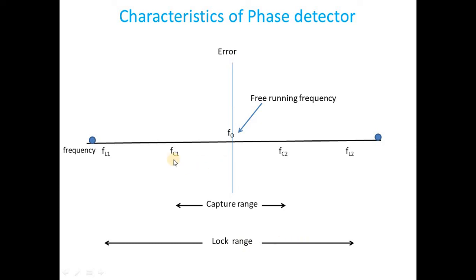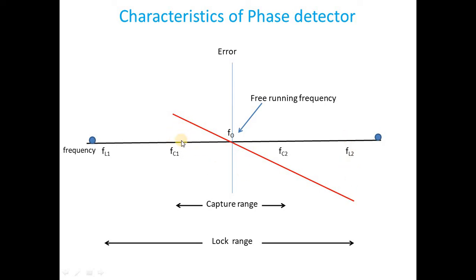Now we'll see how error voltage will increase and decrease when we are changing input frequency. First, when you are increasing input frequency, PLL will enter into the capture range, and once PLL enters into the capture range, it will acquire a phase lock, and that lock will be extended to this end of lock range.